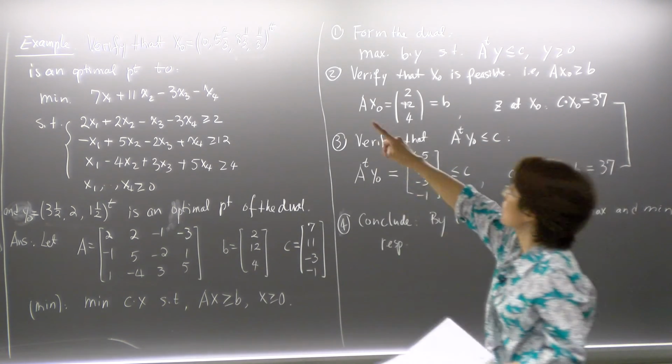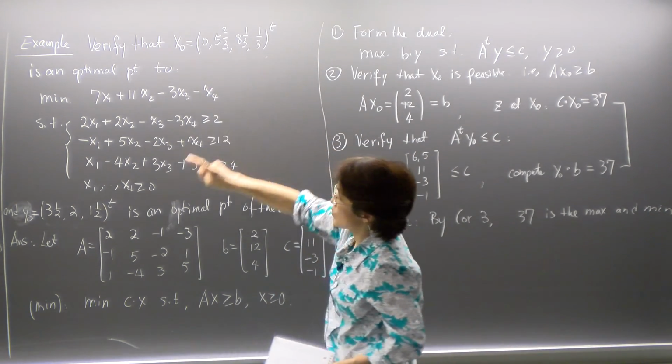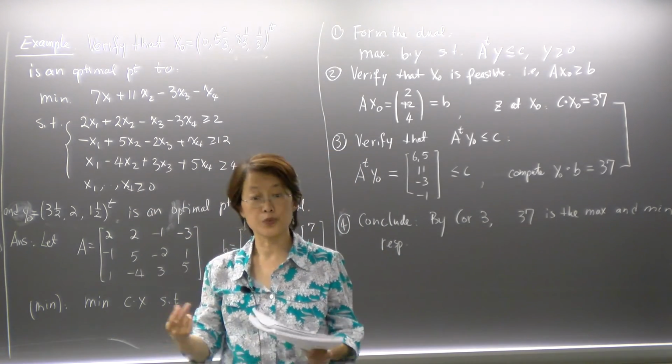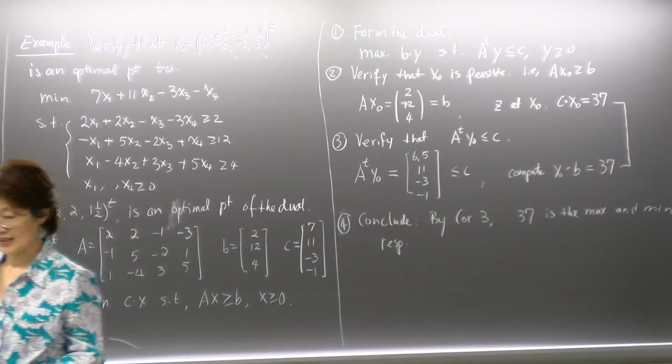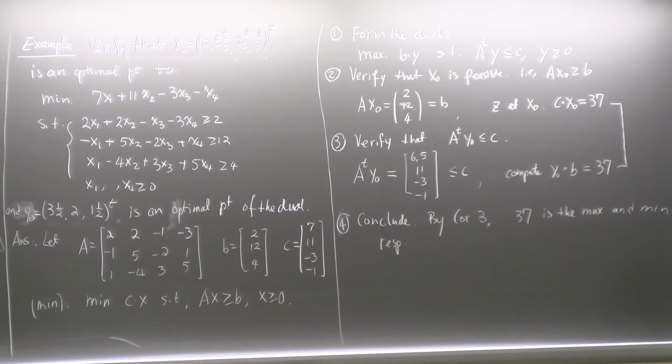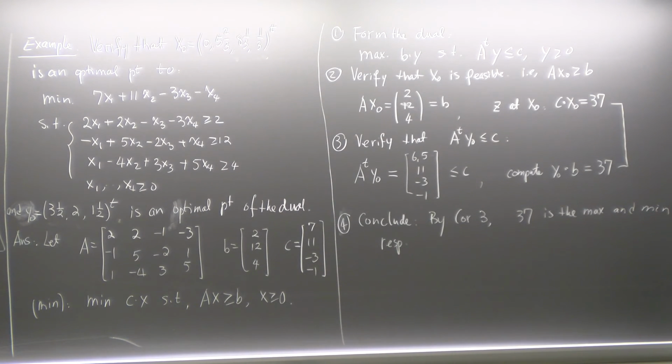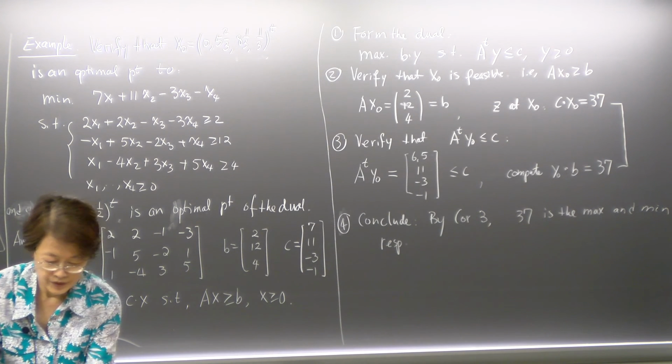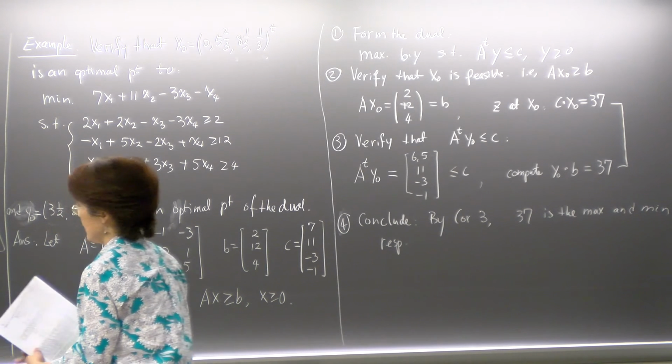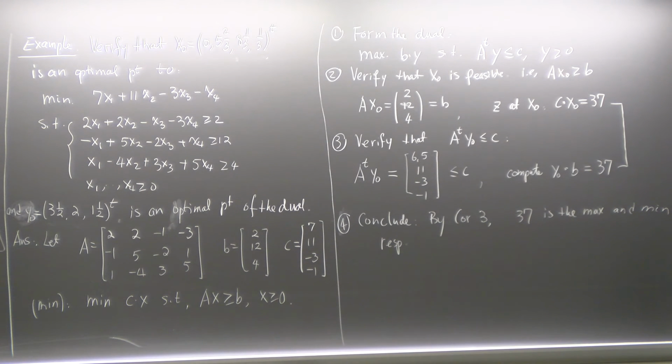And therefore, these two are the optimal points, where it reaches the optimal value. Is that clear? It's just applying corollary 3 here. Okay? All right, so that is that. That's a problem I could ask you without you having to do too much computation.